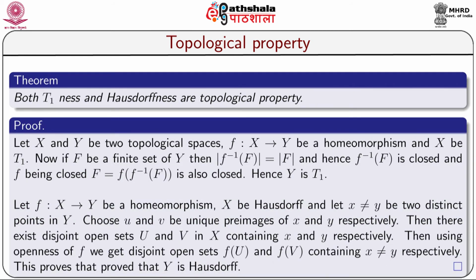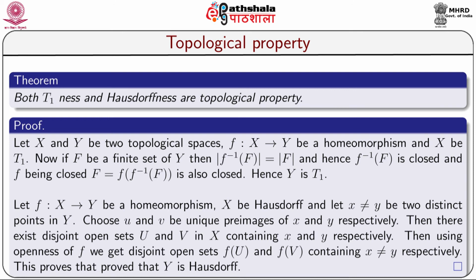Now, we give an example of a topological property. Both T1-ness and Hausdorffness are topological properties. Proof: let X and Y be two topological spaces and f from X to Y be a homeomorphism, and let us consider X to be T1. We have to prove that Y is also T1.